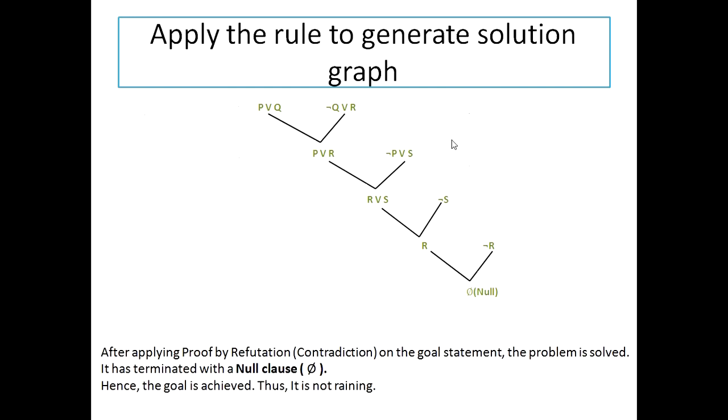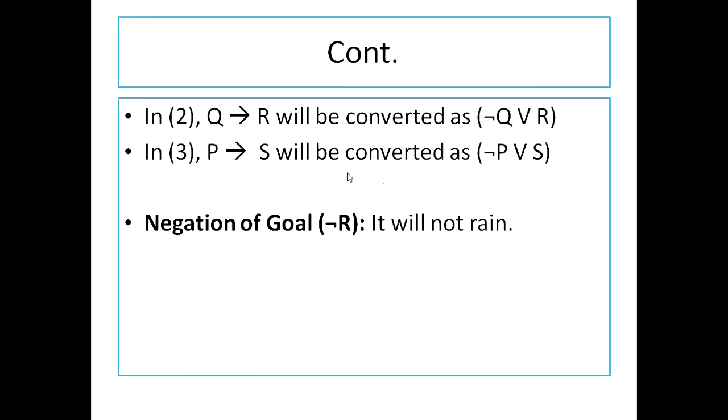From these two clauses we derive P or R. So when we connect these clauses by applying the resolution rule, the negative literal gets cancelled, and we get P or R. Then we take another clause, that is negation P or S, which is generated from step number 3.